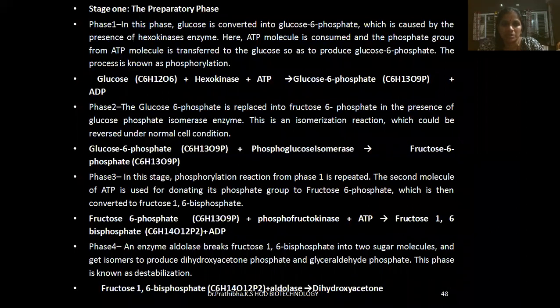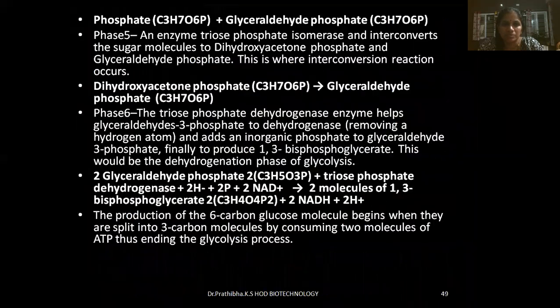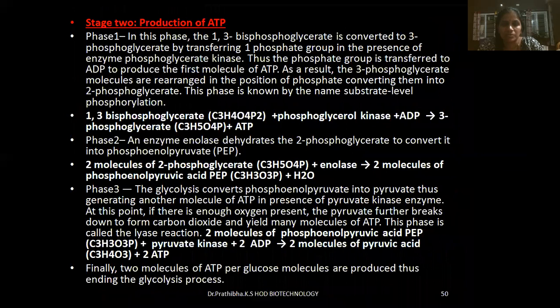Then here you can see the stage 1 preparatory phases. Stage 2, that is production of ATP.